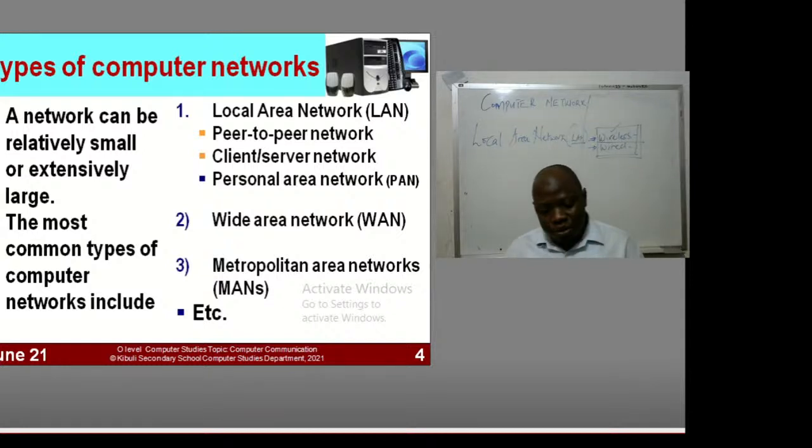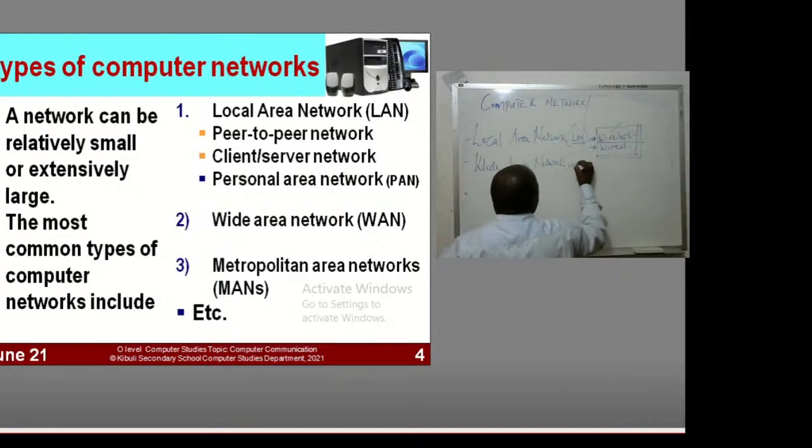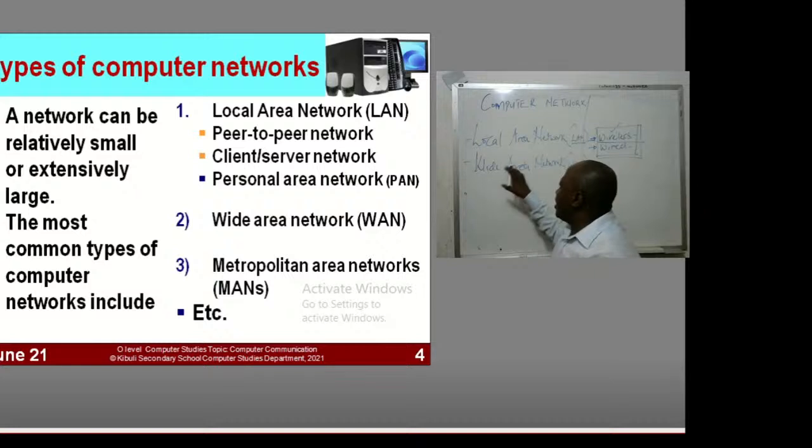Then, number 2, we have what we call a wide area network, which we call WAN. Wide area network, that is another network. I've said that many of you students don't want to write it in full, and when you are in exams, you put just WAN.